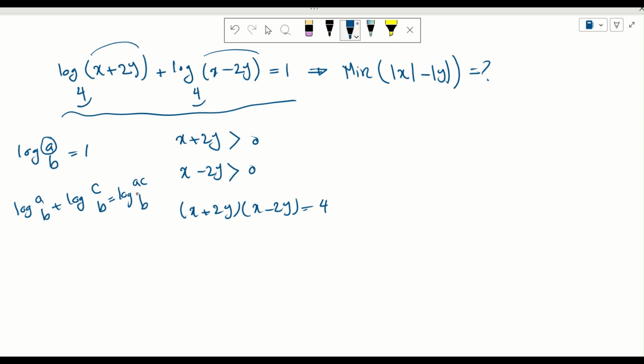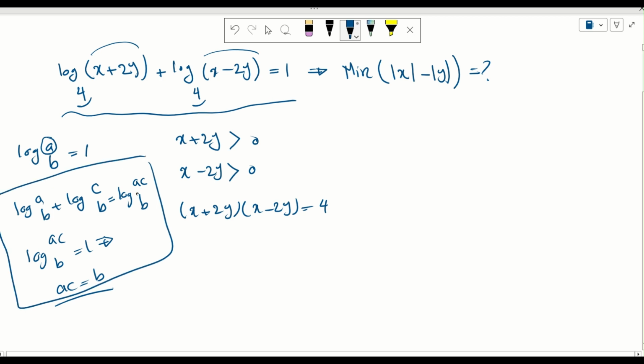At the same time, we know that if log of ac in base b equals 1, we can say that ac equals b. Now I use these two rules and I simplified what I have here.